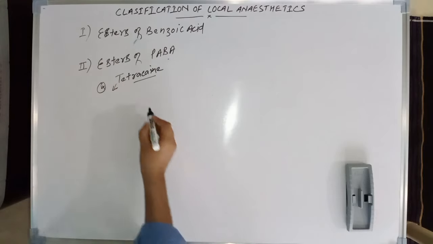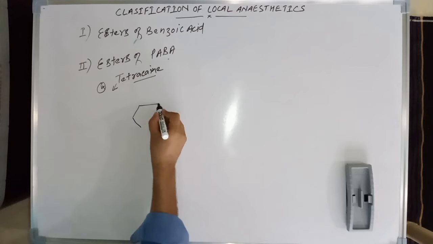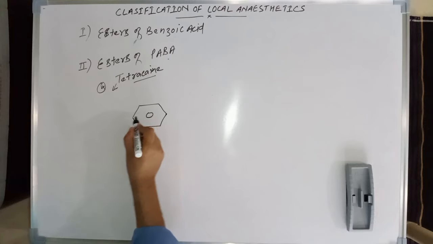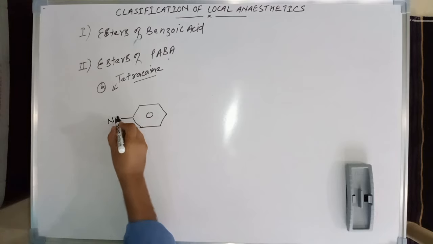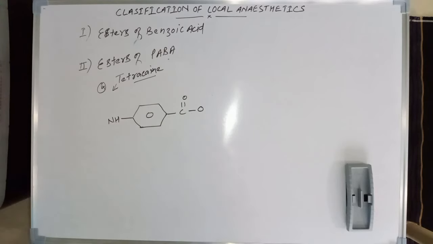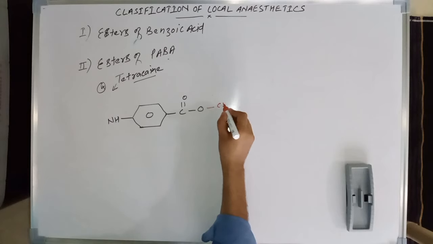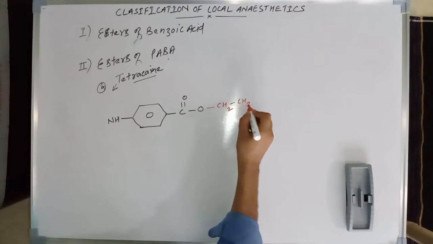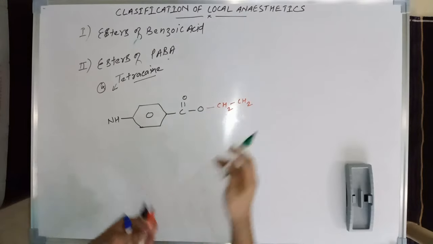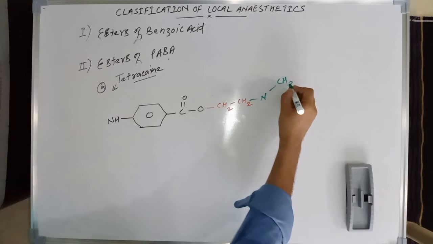Tetracaine comes under the class para-aminobenzoic acid, so here is the structure of para-aminobenzoic acid. This is the basic skeleton. Now what are the changes? Tetra means CH2, then N, CH3.